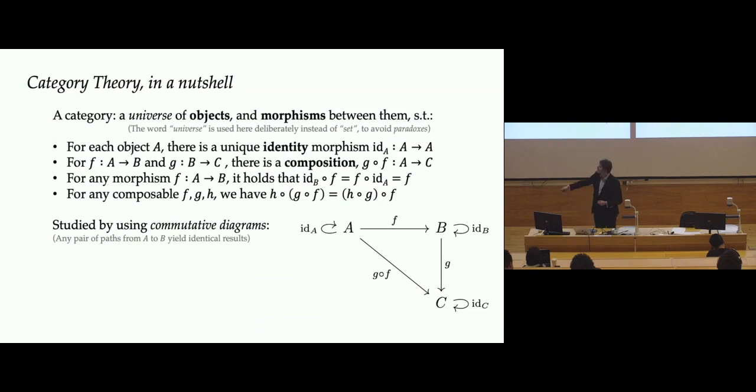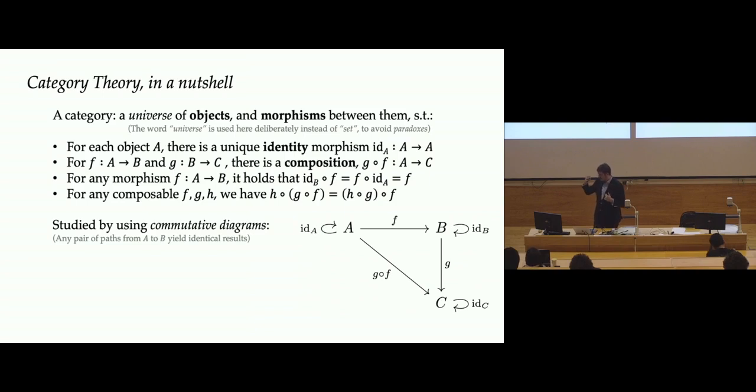Now you might be wondering, why am I using the word universe rather than the word set? This is merely so I do not run into paradoxes like Russell's paradox, because in many cases these objects may themselves be sets, and when you start talking about sets of sets, you run into problems. There are ways to work around this. We won't talk about this here in detail, but this is the reason why I'm not using the word set.